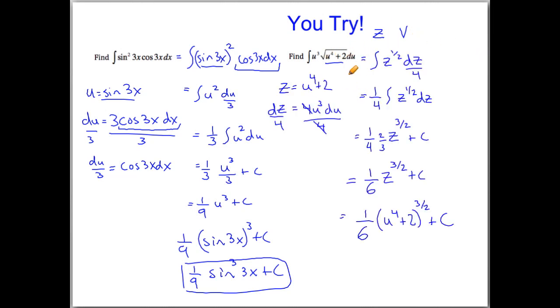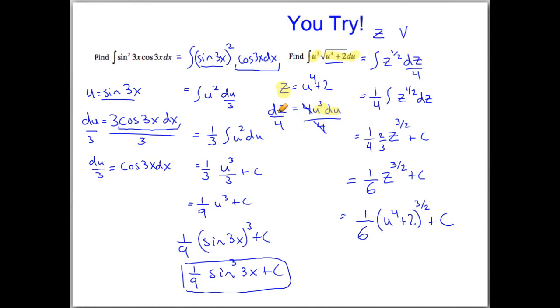Alright, welcome back. So hopefully you found your inside function was u to the 4th plus 2, and I just let that equal z. And then when I found dz, it was 4u cubed du. And I saw that there was a u cubed and a du here. So there's my u cubed and du. So all I had to do is get rid of that 4 to the other side, and then I would have my integrand.